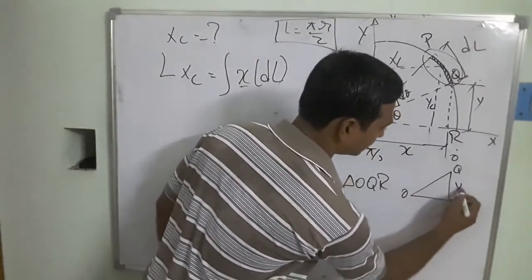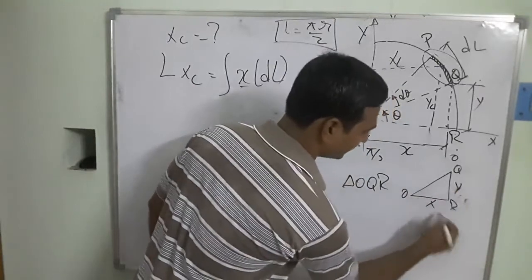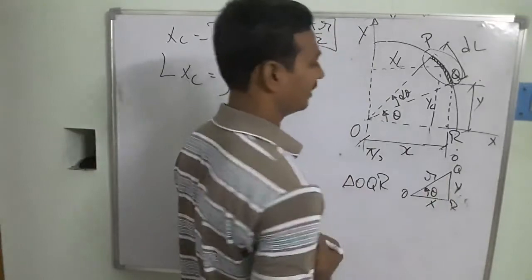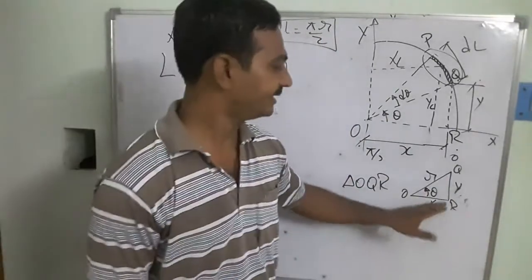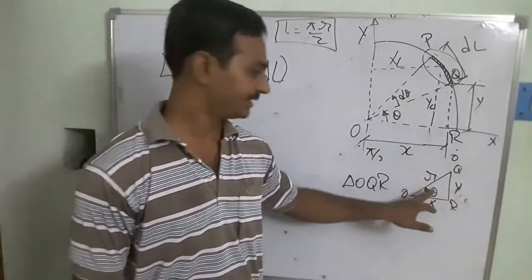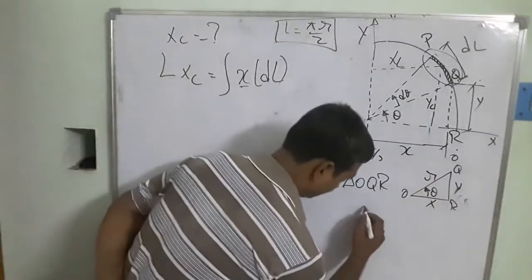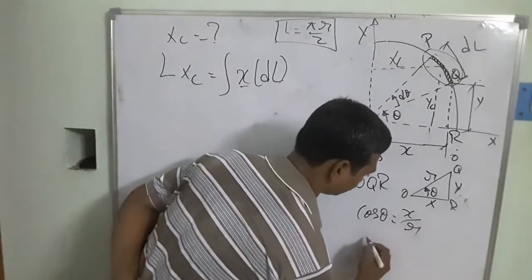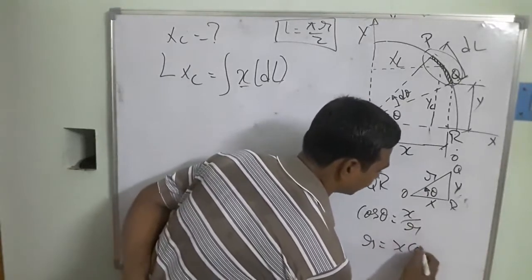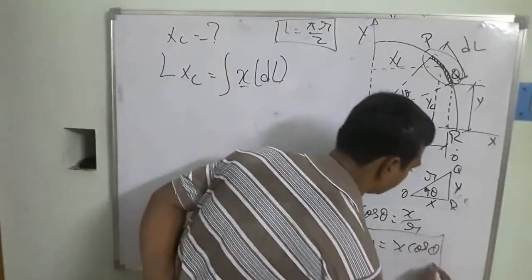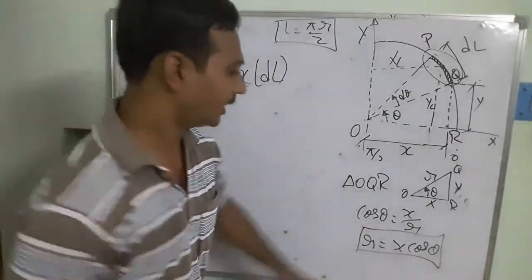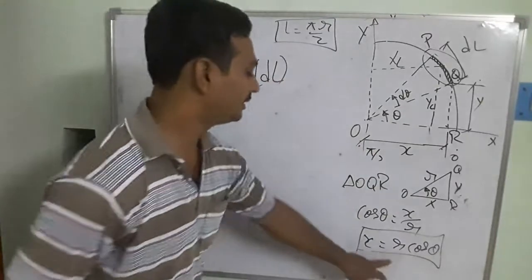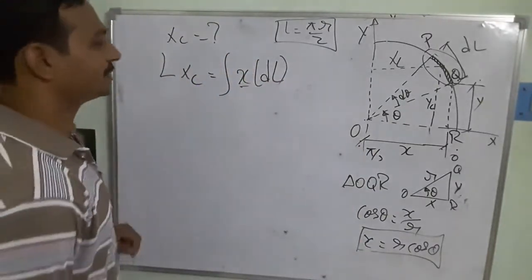This is the y distance from the x axis, and this is the x distance from the y axis, making an angle theta. This is R. I want to define x or y in terms of R as well as theta. So cos theta is equal to x by r, that is x is equal to r cos theta. I got it. Then I'm going to substitute in this equation.